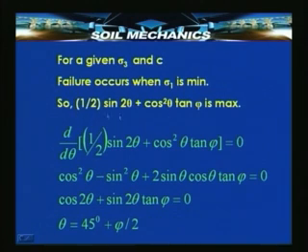Therefore, take the expression for sigma 1, which we are already familiar with, and maximize that. When that is maximized, you will have d by d theta equal to 0. When you simplify, you will get cos 2 theta plus sin 2 theta tan phi equal to 0. That is nothing but theta equal to 45 plus phi by 2.